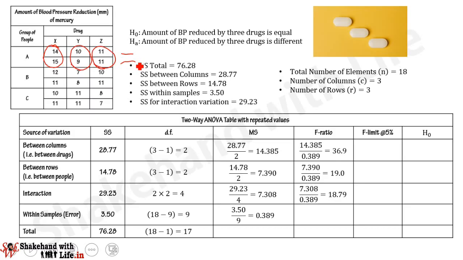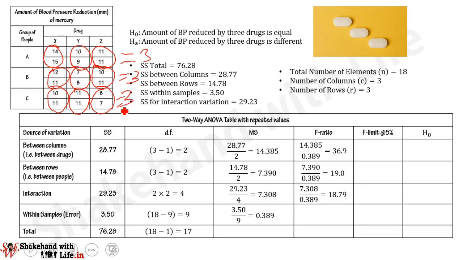So how many means for this group of people A? We have 3 means, and for group of people B again we have 3 means. Similarly we have 3 means for group of people C, right? So how many means do we have?